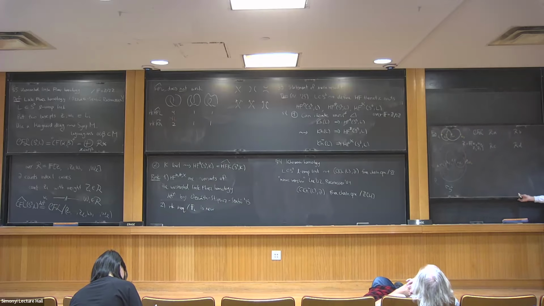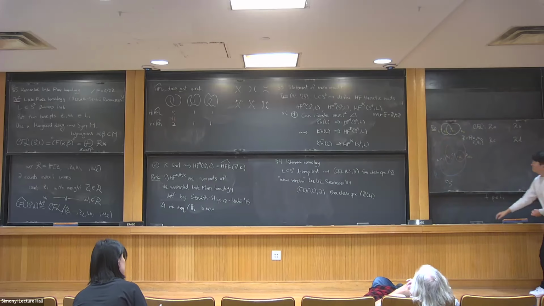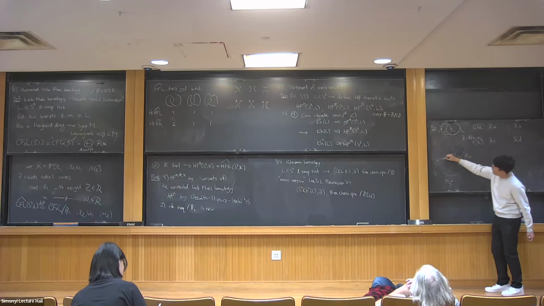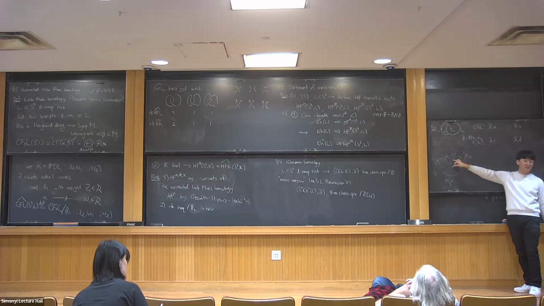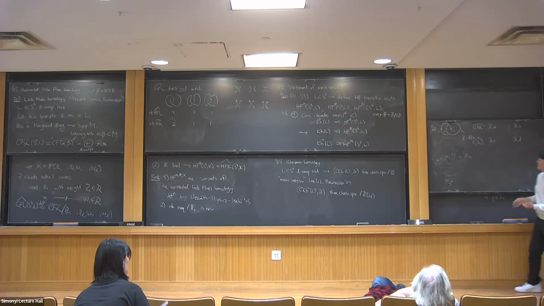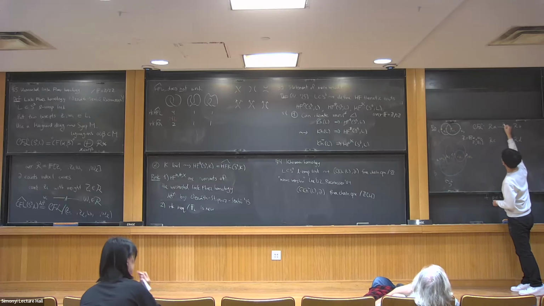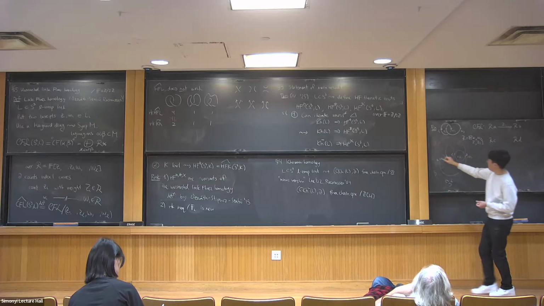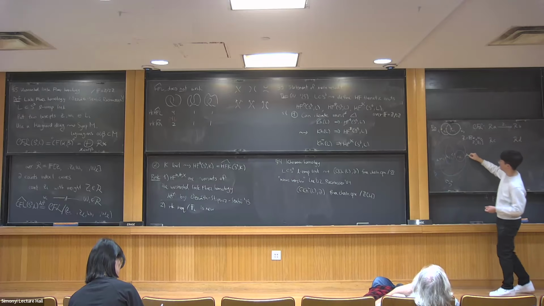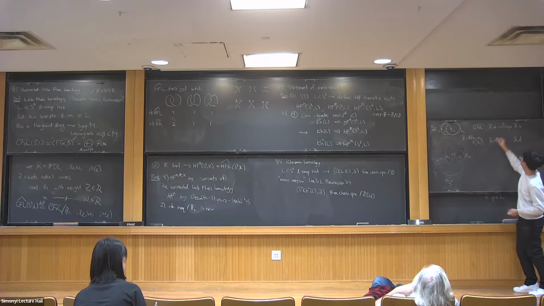And for the differential, we count bigons. For instance, here there's a bigon from A to B that goes through the base point Z1. So this has weight Z1. And so we have a differential from A to B with weight Z1. There's another bigon from A to D here that goes through the point at infinity, which has weight W2.